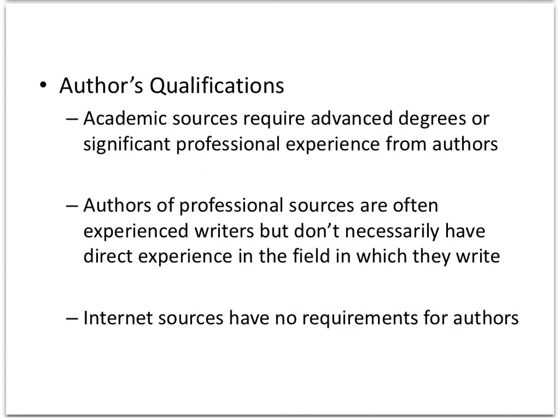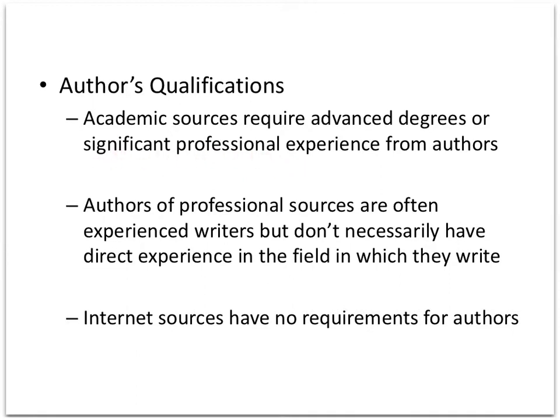We also want to be aware of how qualified the author is to speak on the subject on which they're speaking. For the most part, academic sources require one of two things: advanced degrees in the area in which the author is writing, or if not an advanced degree, at least significant professional experience from their authors.